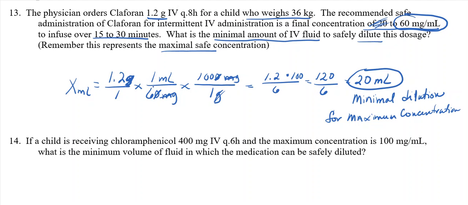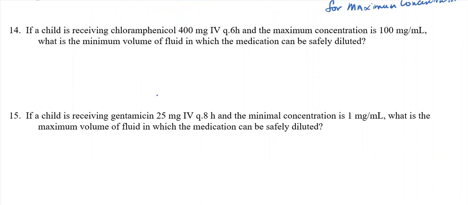Okay, so let's look at 14. If a child is receiving 400 milligrams IV every 6 hours, and the maximum concentration is 100 milligrams per milliliter, what is the minimum volume of fluid in which the medication can be safely diluted?